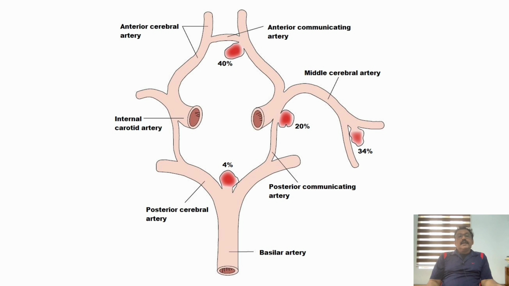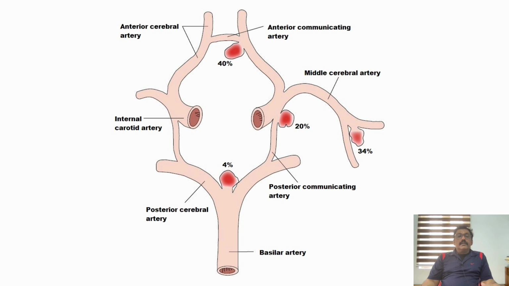Now these are the common sites for aneurysm: anterior communicating artery around 49%, posterior communicating artery 20%, and MCA is 34%, posterior cerebral artery and the bifurcation of basilar artery 4%.